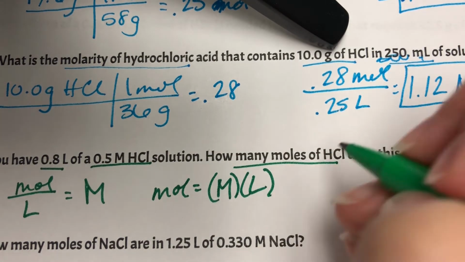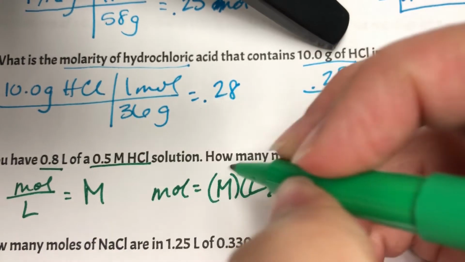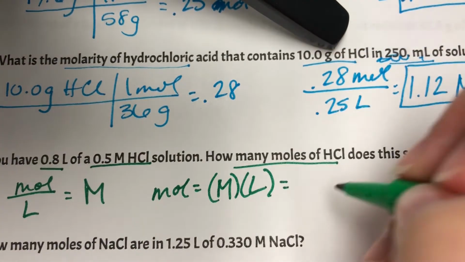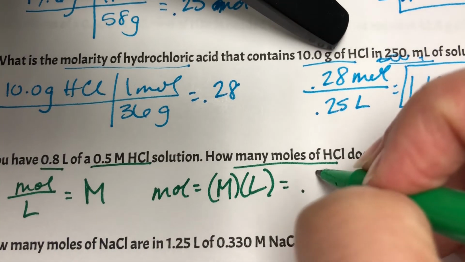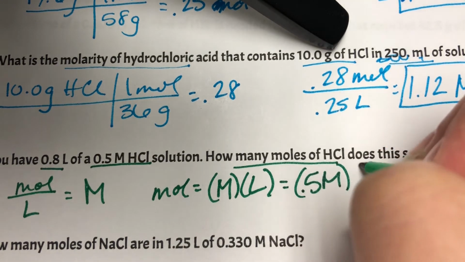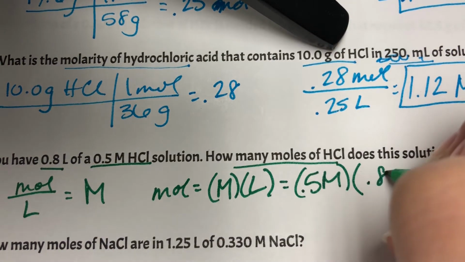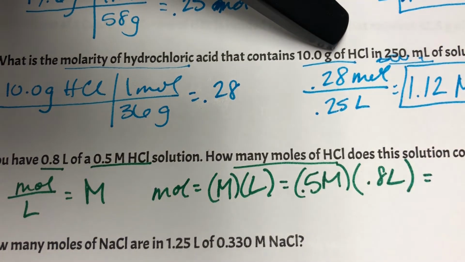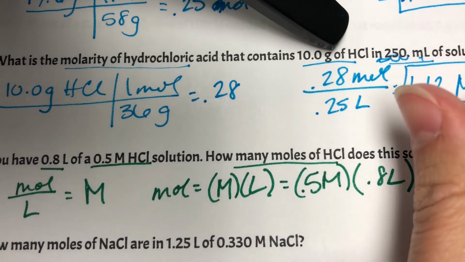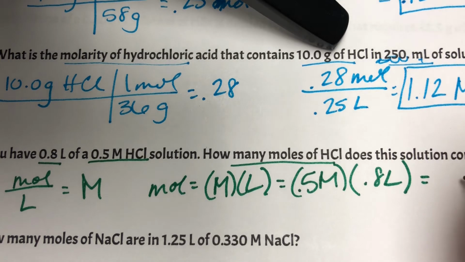So my number of moles is going to equal the 0.5 molar solution times the 0.8 liters of solution. So 0.5 times 0.8 gives me 0.4 moles of HCl.